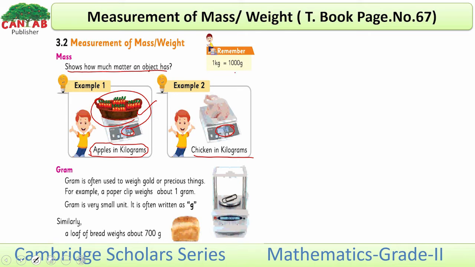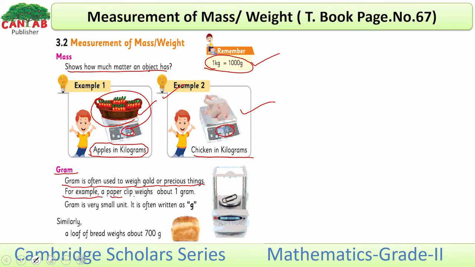So remember one thing, 1 kg is equal to 1,000 grams. There are 1,000 grams in 1 kilogram. So what is a gram? This is the mass having some weight. Gram is often used to weigh gold or precious things.